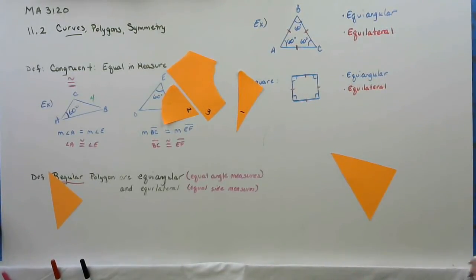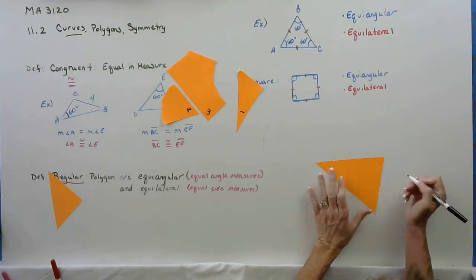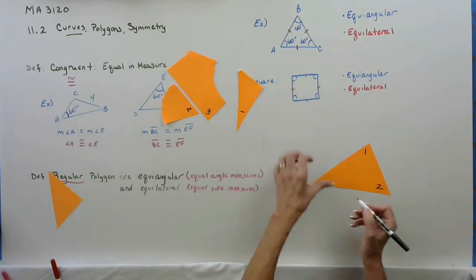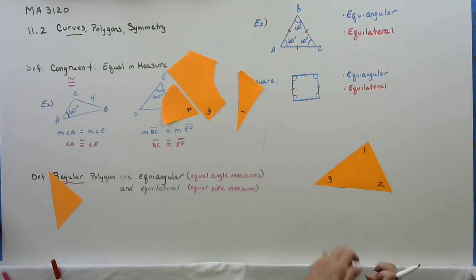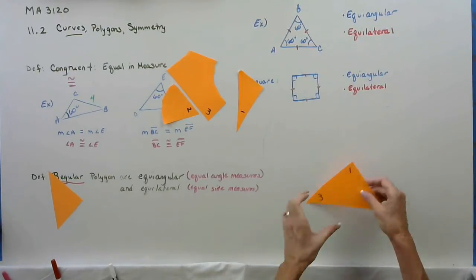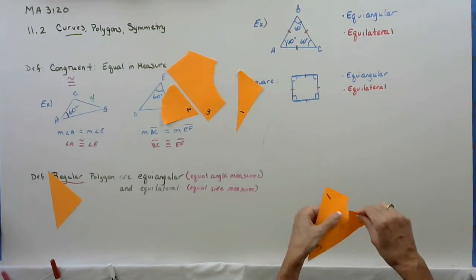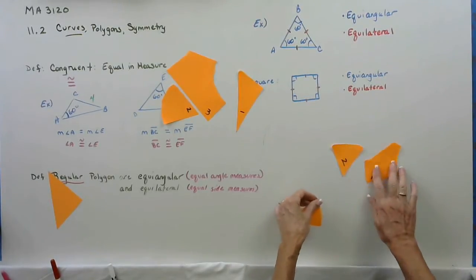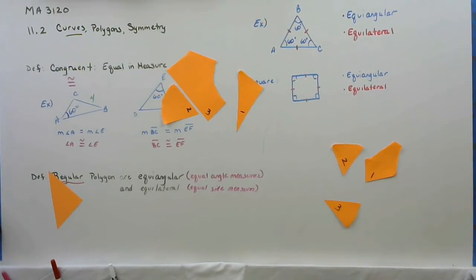Okay, well, if I do the same thing, call one of the angles angle number 1, one of the angles angle number 2, and the other one angle number 3. Again, have the students tear them apart. There's angle number 2, angle number 1, angle number 3.